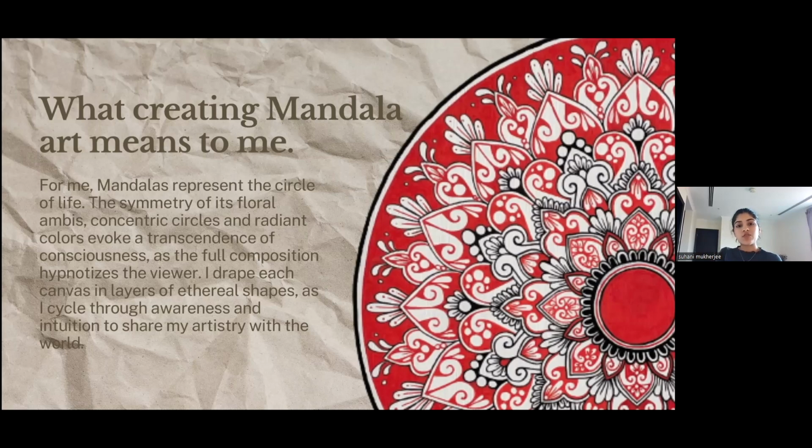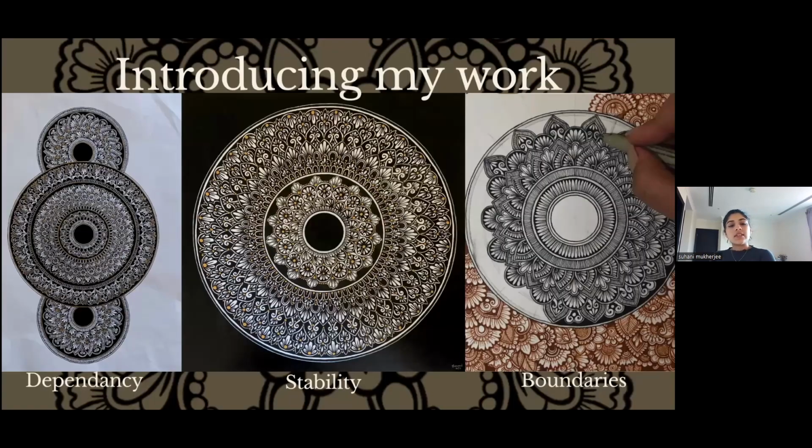I would like to introduce some of my own works before I start deconstructing. These are some of my recent works. The first one being dependency, since for me mandalas represent the circle of life as well.